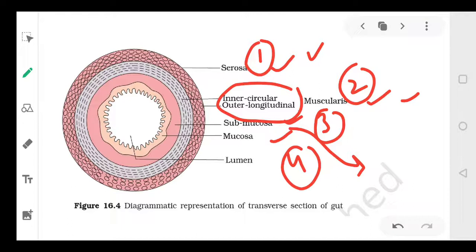The innermost layer, the mucosa, contains several folds, as you can see in the picture. These several folds, in the case of the intestine, are referred to as finger-like projections, which are called the villi.